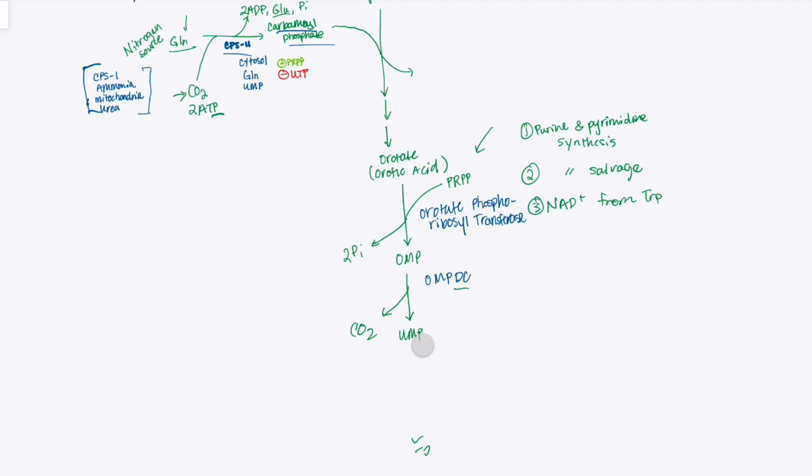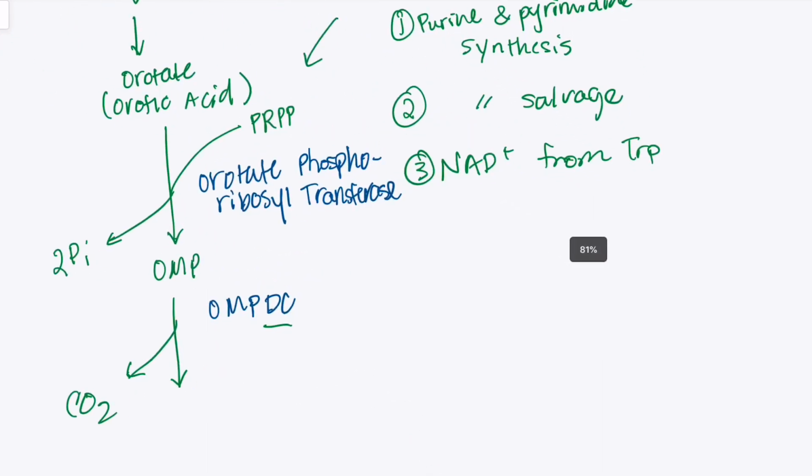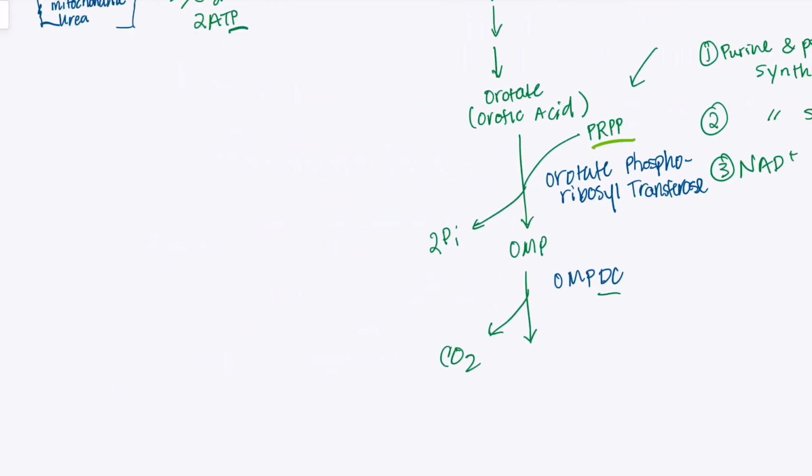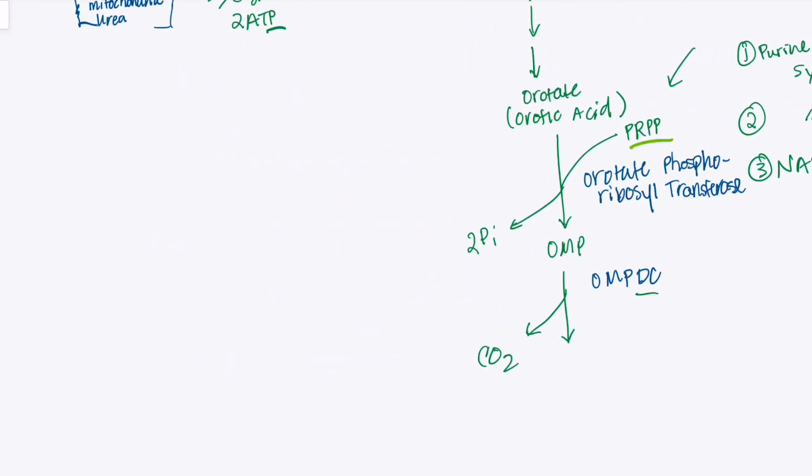So these other enzymes don't really have allosteric regulation. Obviously, this one, if PRPP is not there, you're not going to be able to do that reaction. However, mostly these enzymes are important because they have a special clinical consideration.